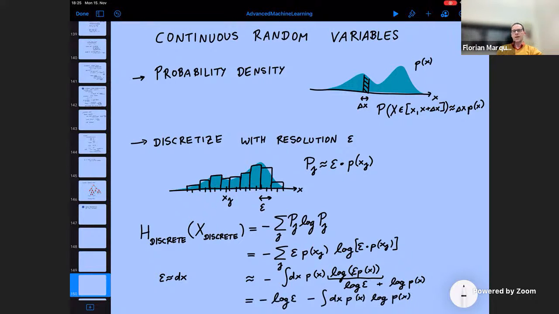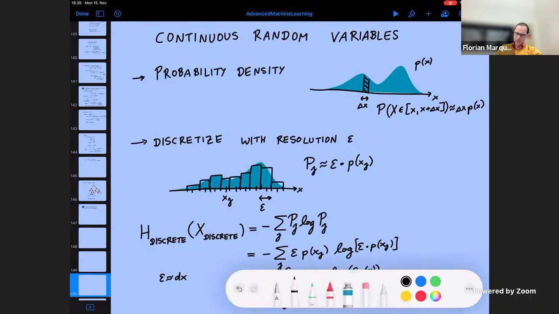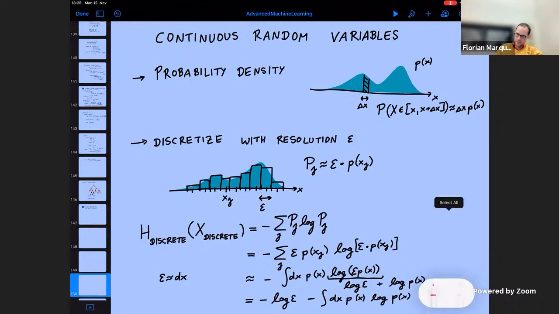And so now that is an important formula, because it suggests to us how to define an entropy measure that is only dependent on the probability density. So the suggestion would be, let's take this part and let's define it as an entropy for continuous random variables. But we should never forget that there was also this first part.